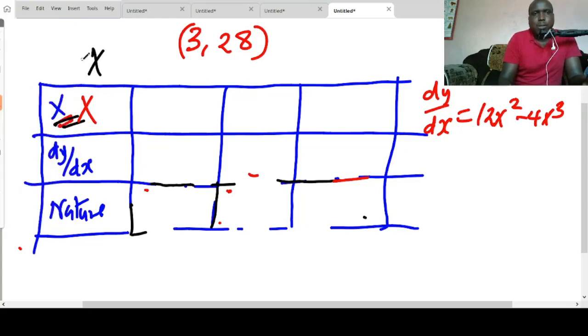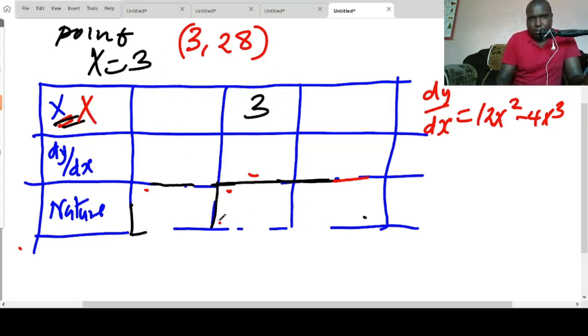So our value of x in this one, when the point is 3,28, our x is 3. So hii ya katikati sasa ndio utaweka 3, the value of x. After doing that, tafuta namba moja iko left ya 3 and another number which is right of 3.